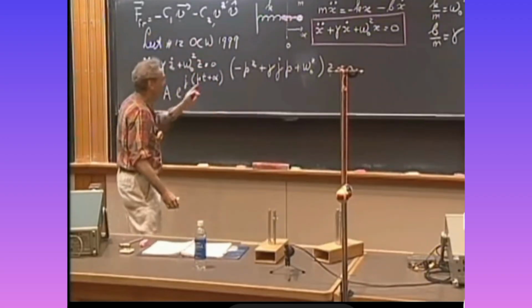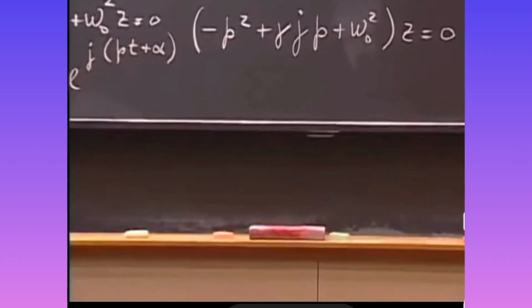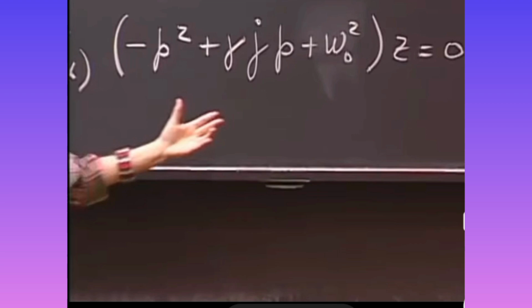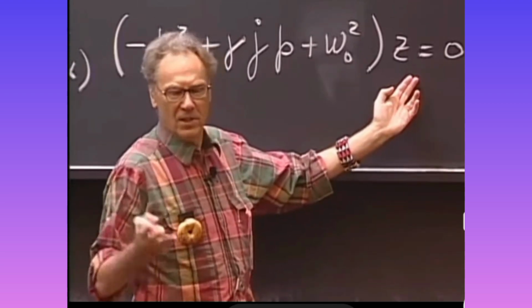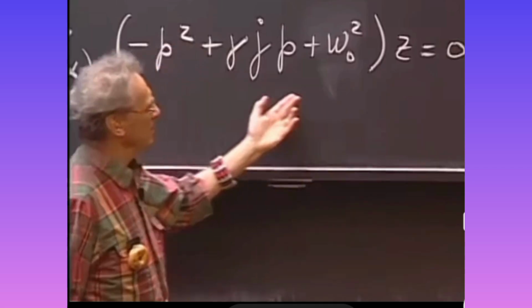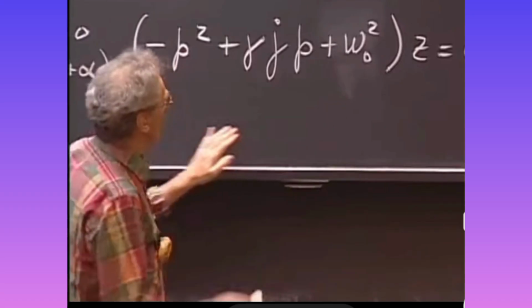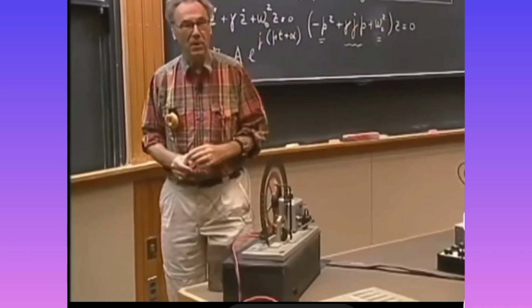Well, if you have an equation like this, you may think it's one equation, but it really is two equations. Because if something like this has to be 0, and of course z is 0 is not an acceptable solution, because that's the oscillation. If you have an equation like this, which has a real part and an imaginary part, then both must independently be 0.